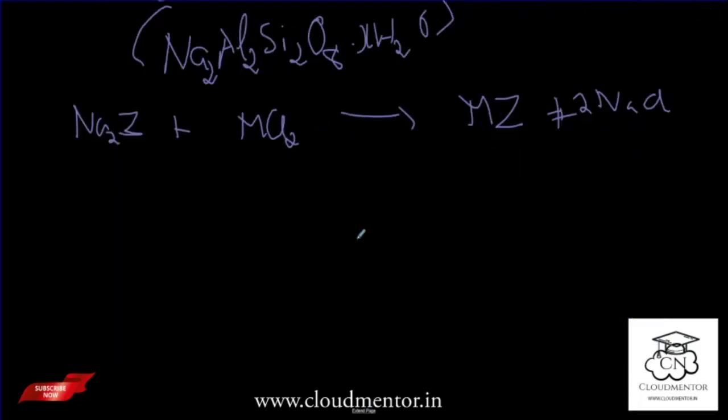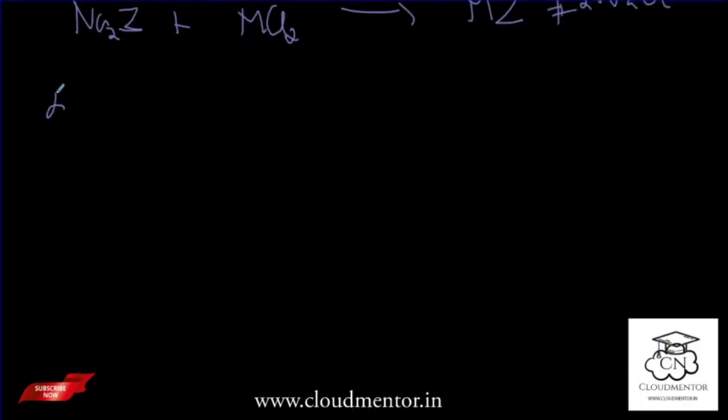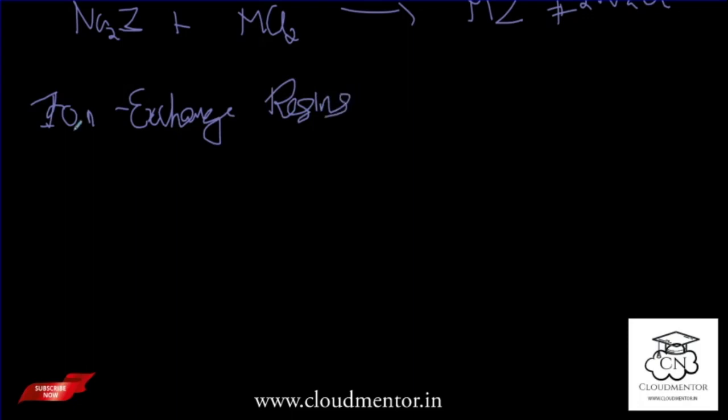And the next method is the ion exchange method, ion exchange resins. Ion exchange resins are the most popular water softeners these days.